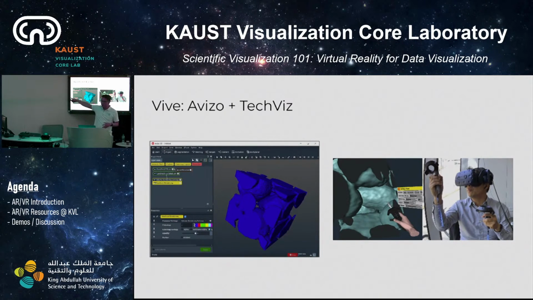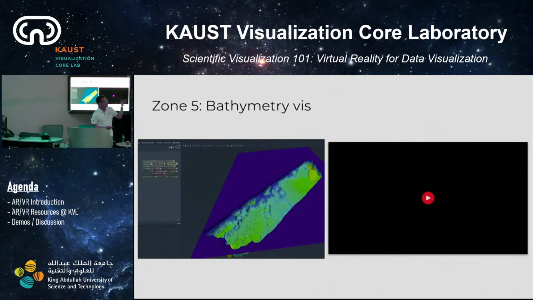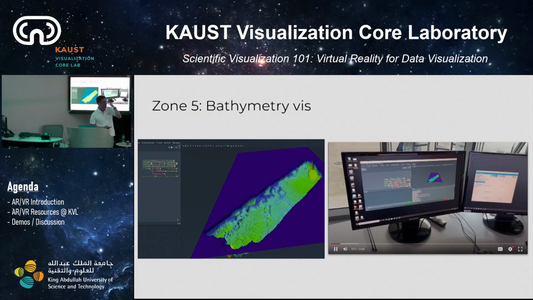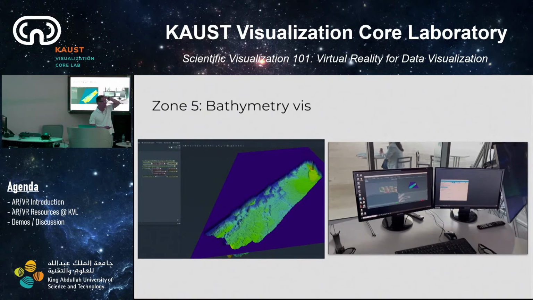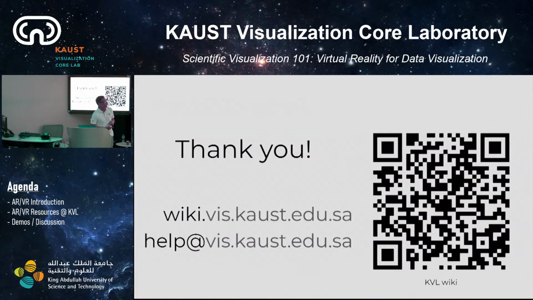So that's the room on the other side and 2 in the showcase area. So we're going to try that out. We're going to try this as well if there's time, or maybe we'll do this first, so all of us can experience this cave example. And then this one, the one I showed earlier, where we explored the bathymetry in the big screen. And that will be the end.